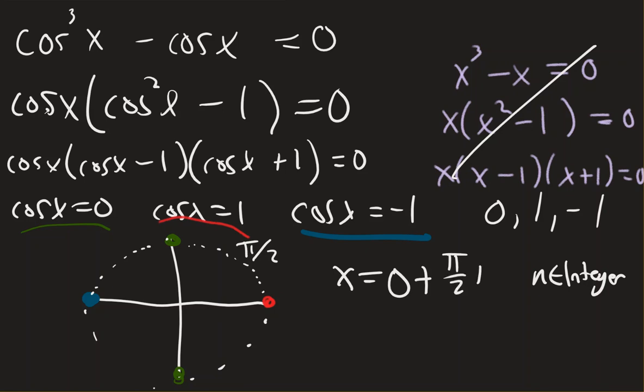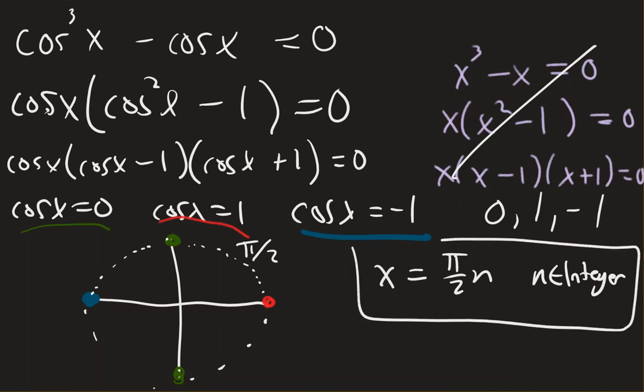So plus pi over 2 in. So add 1 pi over 2, add 2 pi over 2s, add 3 pi over 2s, add 4 pi over 2s, and then you start getting the coterminal ones. Now, of course, adding 0 doesn't really do anything, so I wouldn't include that as part of my answer. So the solutions to this equation, all the solutions that work, are any integer multiple of pi over 2.